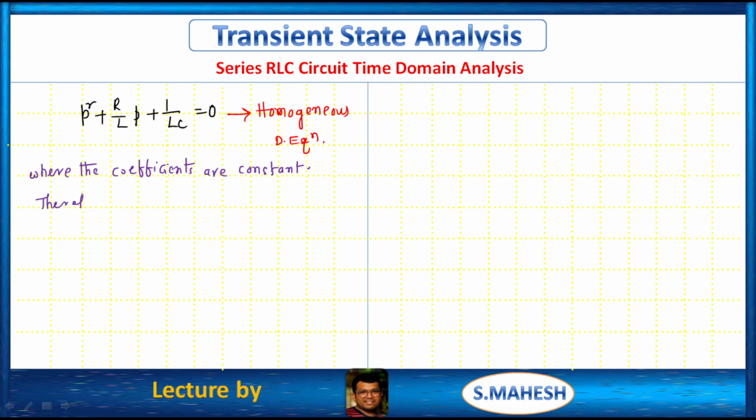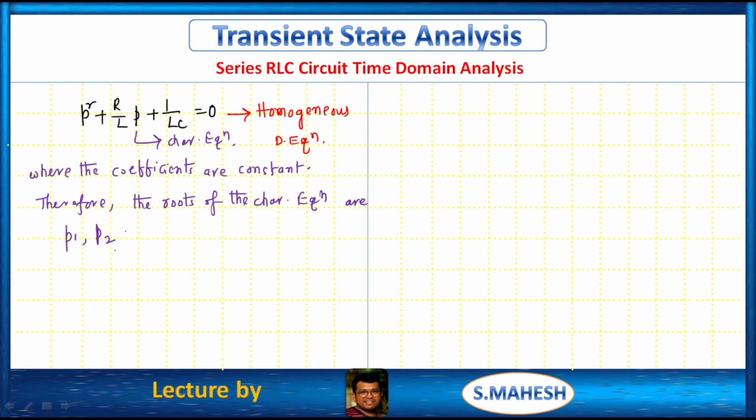Therefore, let us say this is characteristic equation. The roots of the equation are P1, P2, because this is second order system, right?